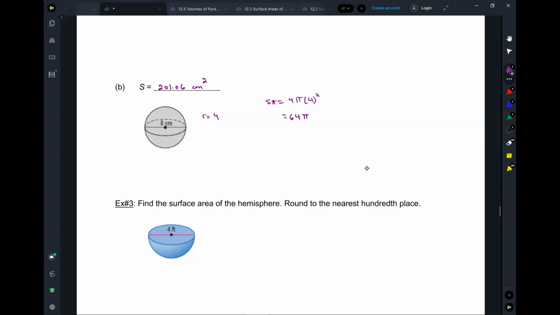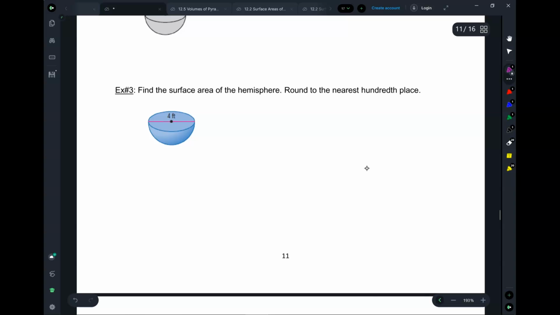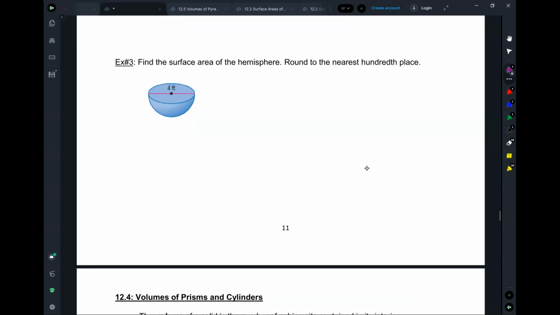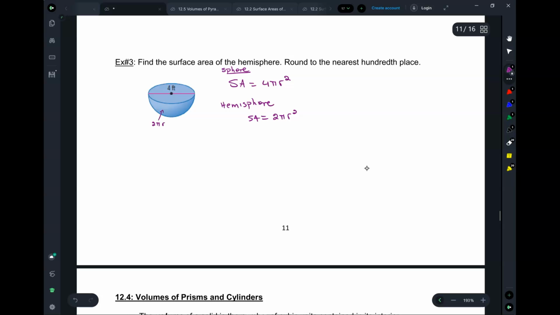Okay, now let's talk about a hemisphere. So the formula for the surface area for the sphere is 4 pi r squared. Can you do that over 2? Yes. So for the hemisphere, surface area is half of that, so 2 pi r squared. But that's only this surface. In order to wrap this, you're also going to wrap the bottom, right?